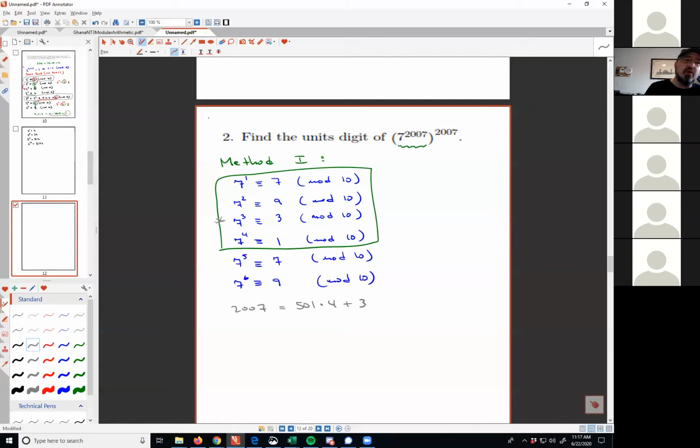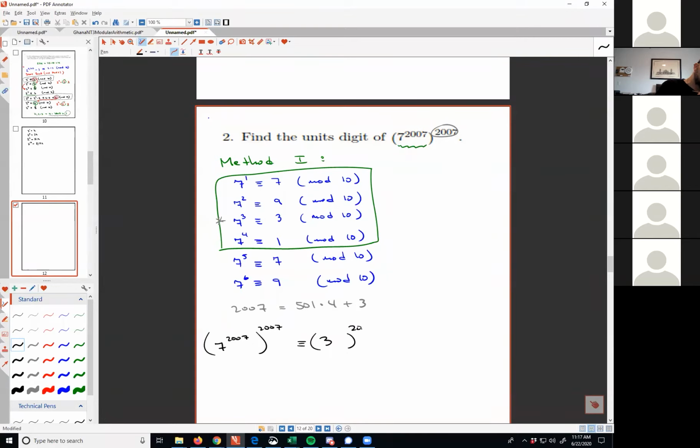We're not done yet. All we've done is found the units digit of 7 to the 2007th power. Now we need to take that to the 2007th power. So what we've shown is that 7 to the 2007th leaves a remainder of 3 when divided by 10.